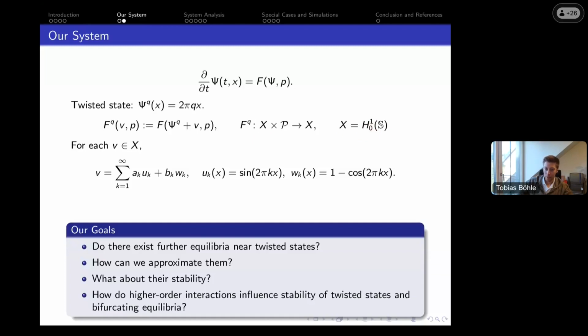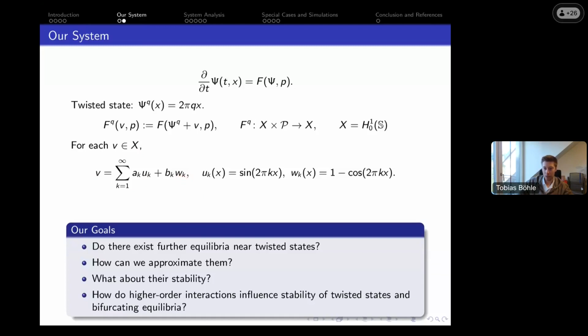Okay, and then in this space X, so X is the space that we want to work with, you can always write each element, this is kind of a Fourier expansion, as an infinite linear combination of elements u_k and w_k.